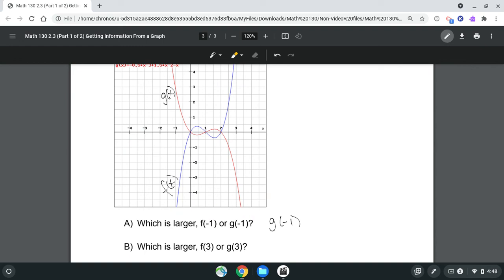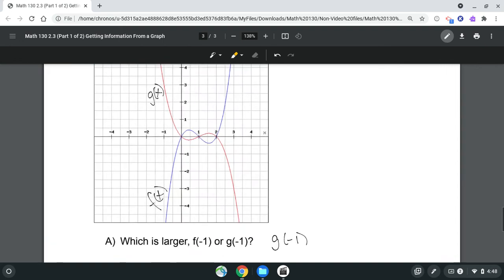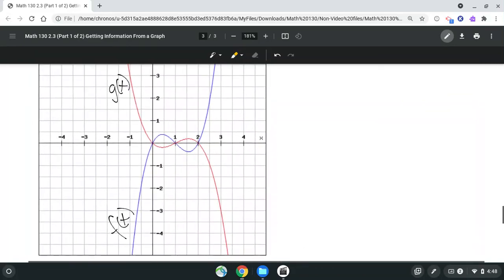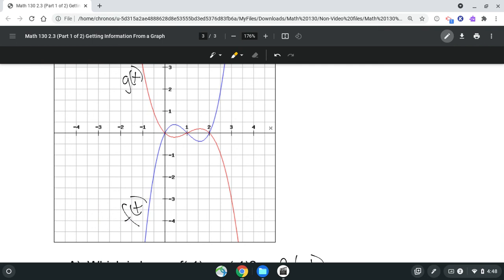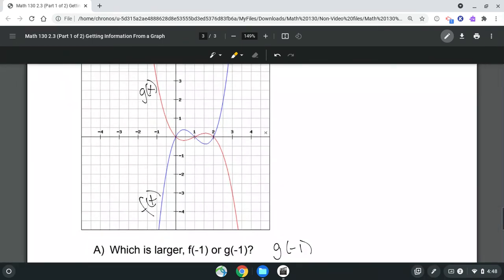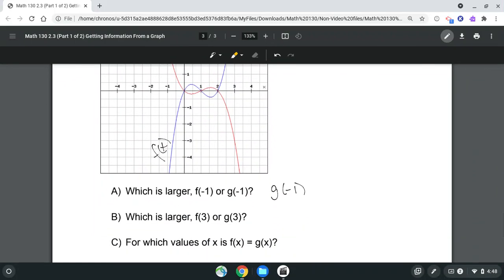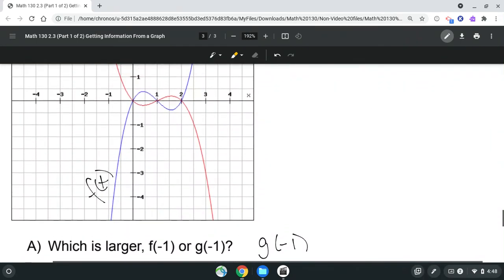Okay, what about B? Which is larger, f of 3 or g of 3? So here is 3. The one that's higher is the blue function, which is f. So you should have said f of 3. Okay, and then for which values of x is f of x equal to g of x?